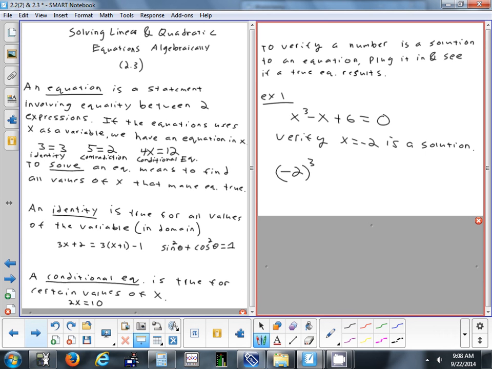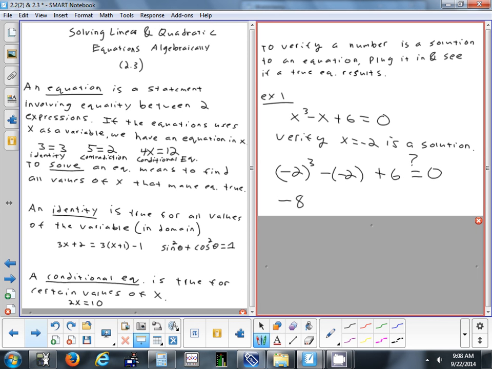So negative 2 cubed minus negative 2 plus 6. Checking to see if that does equal 0. Brandon, what's negative 2 cubed? Negative 8.